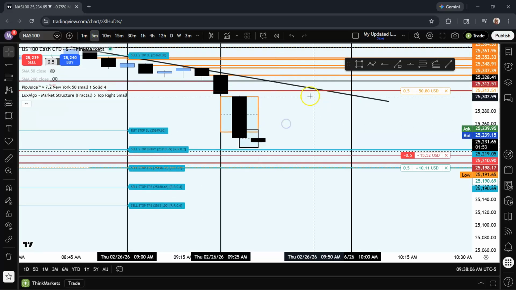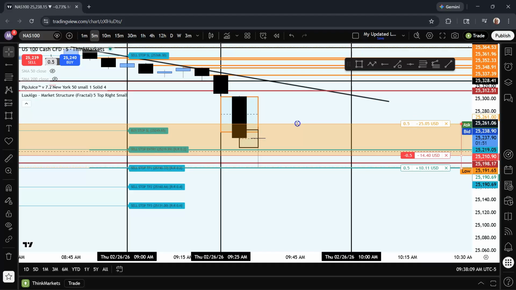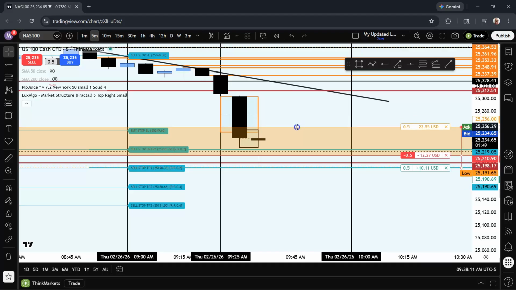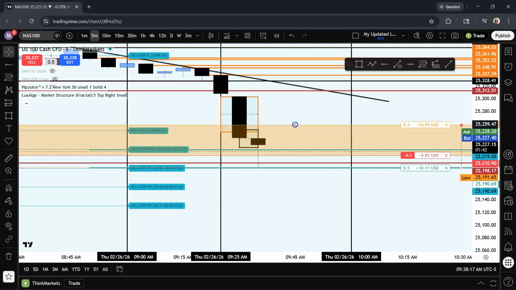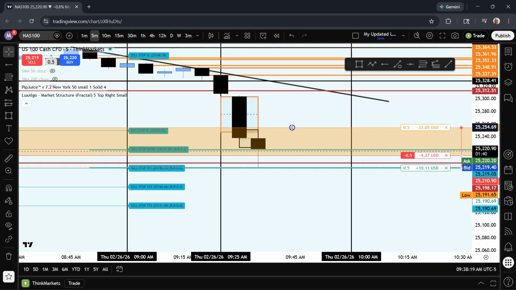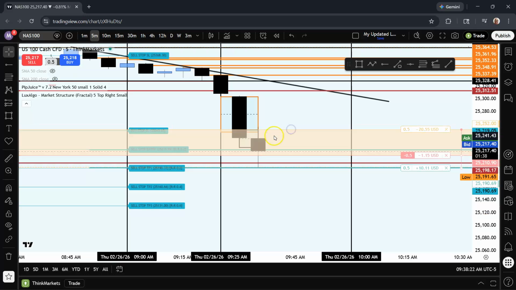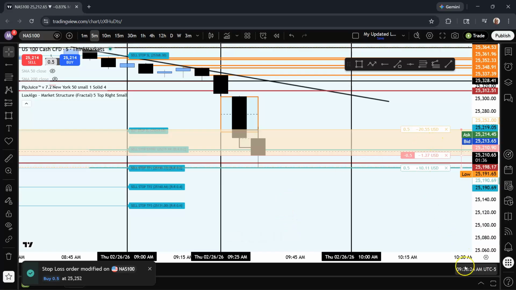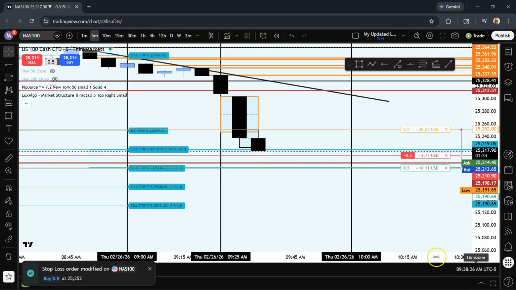I'm going to move the stop loss to about right here. So if the trade goes against me, I'll only lose $20.